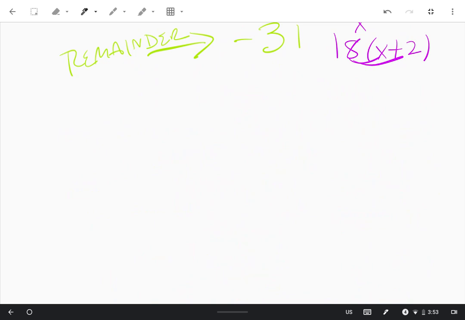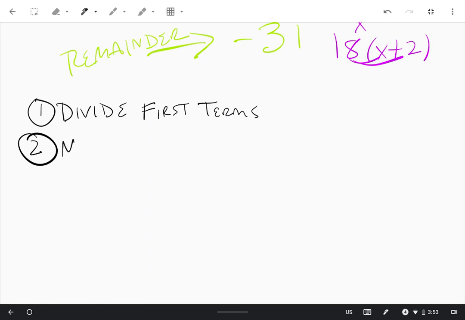So step number 1 is divide first terms. Step 2, multiply the answer by the divisor.